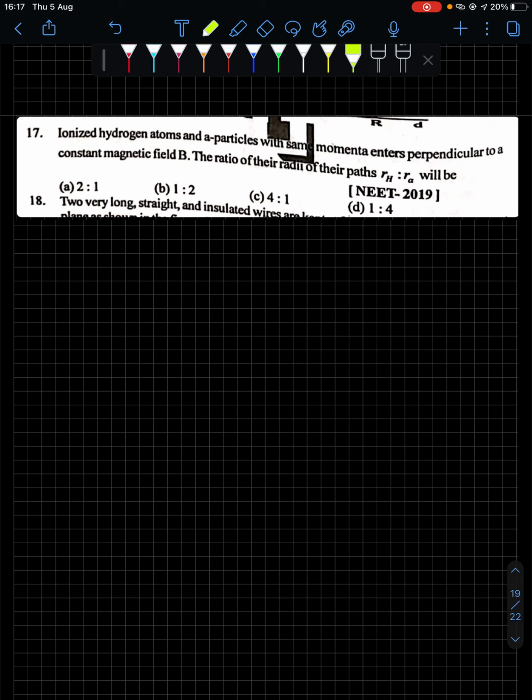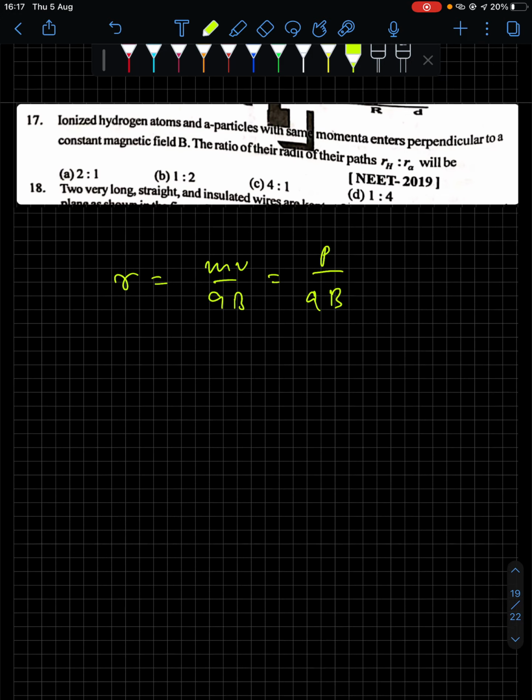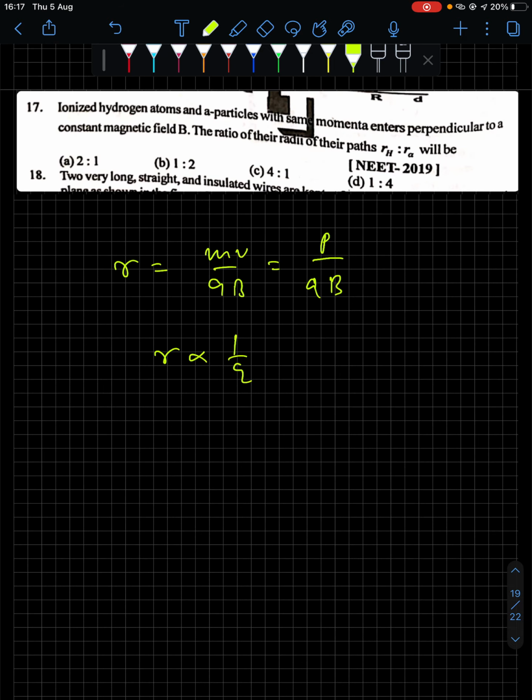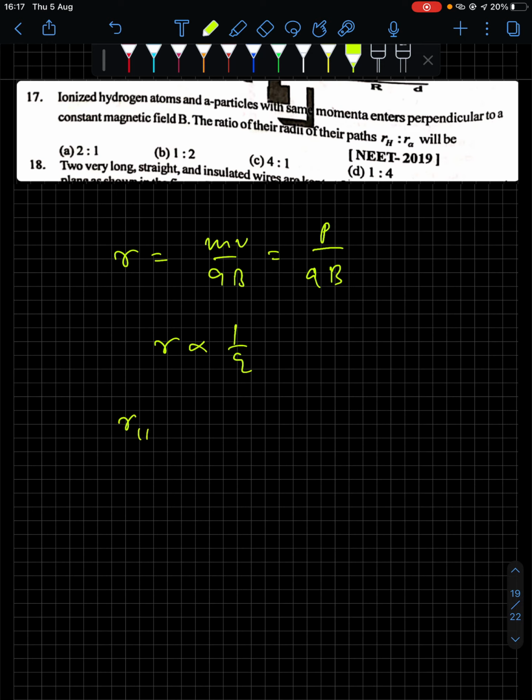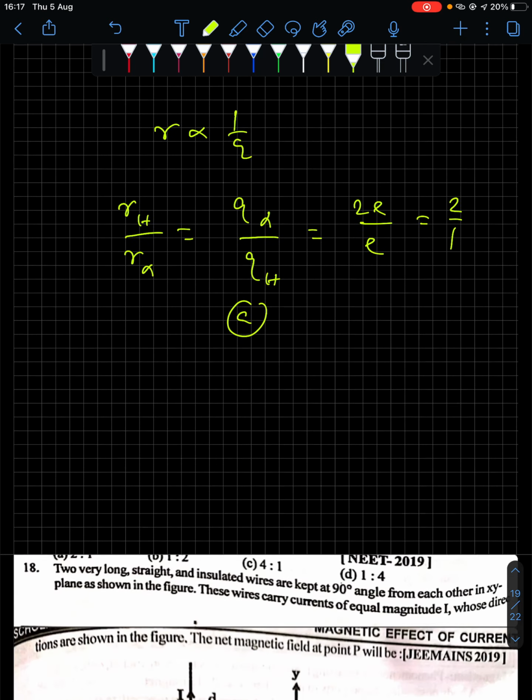So firstly, what is the relation for radius? Relation for radius is mv by qB, which is like p by qB, you can write down. Now r is inversely proportional to charge because momentum is given same. So r for hydrogen divided by r for alpha is equal to charge for alpha divided by charge for hydrogen, which is 2e by e, and this is 2 by 1. Option number A.